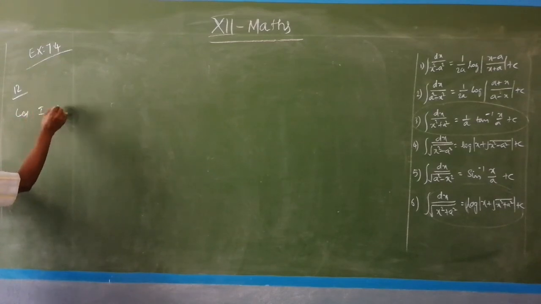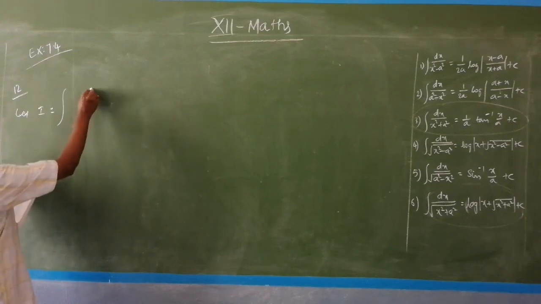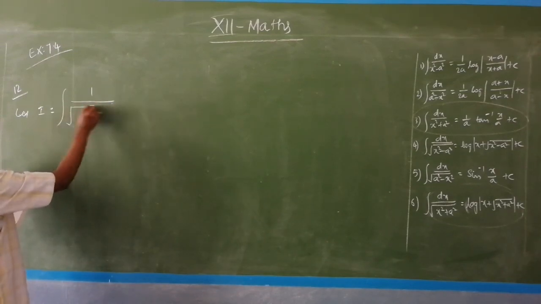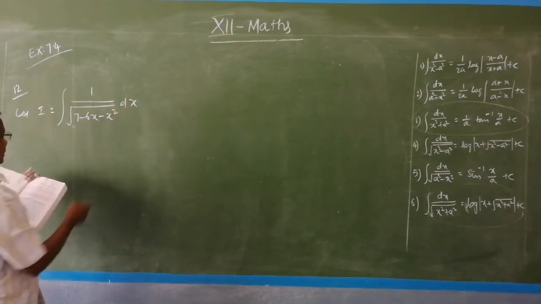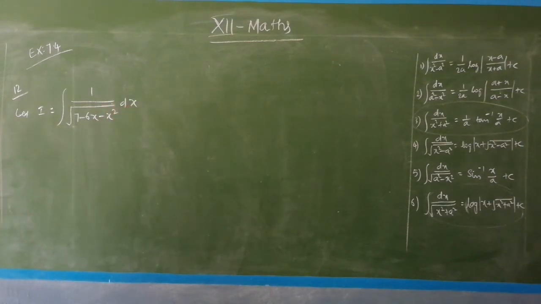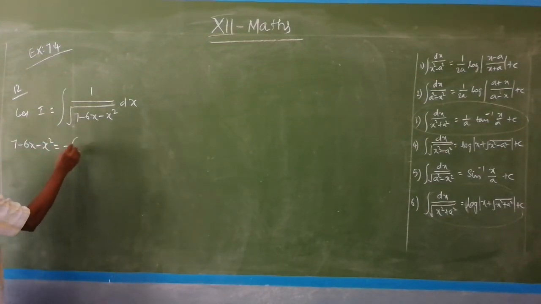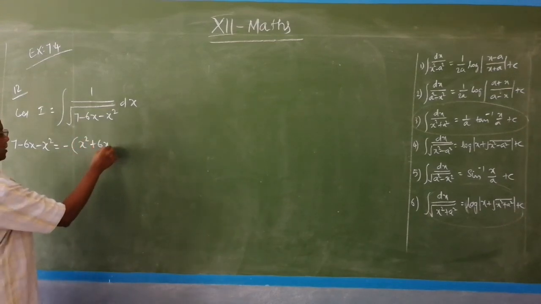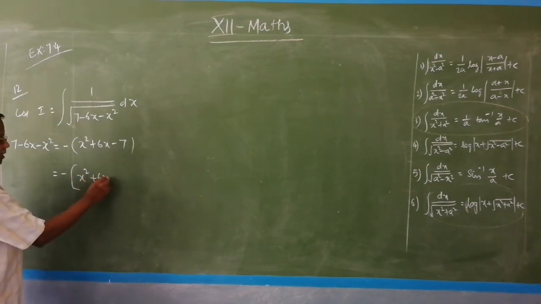Let I equal to integral 1 by root of 7 minus 6x minus x square into dx. Consider the function 7 minus 6x minus x square equal to minus of x square plus 6x minus 7, minus of x square plus 6x.